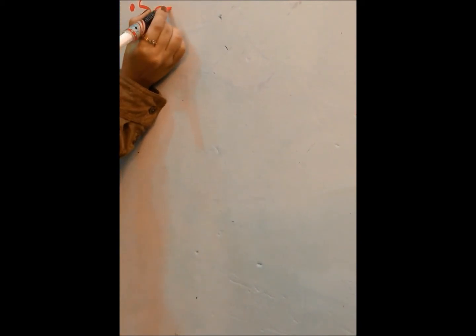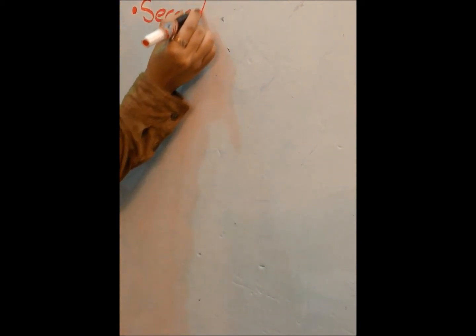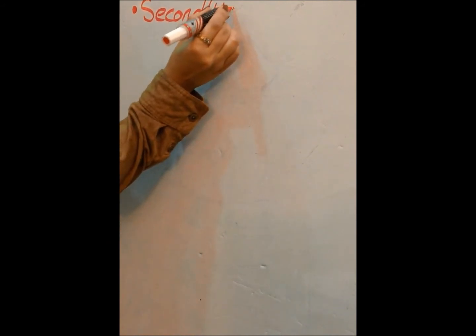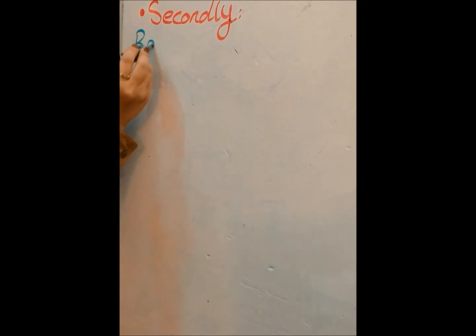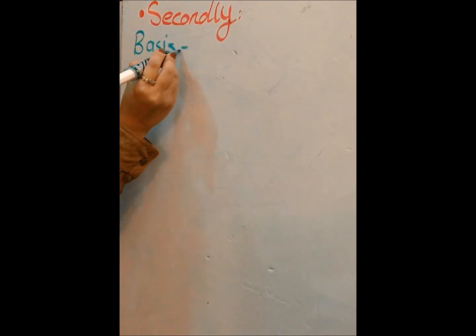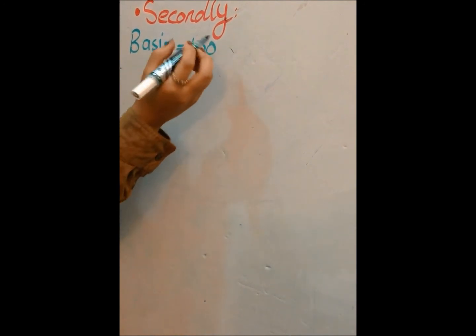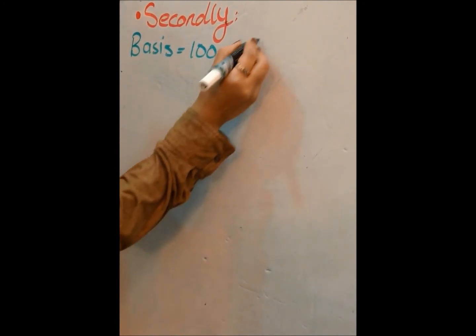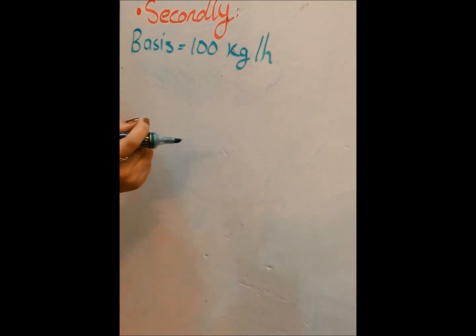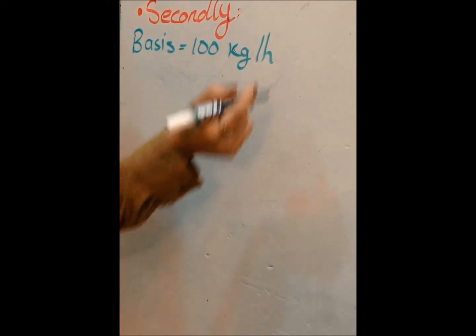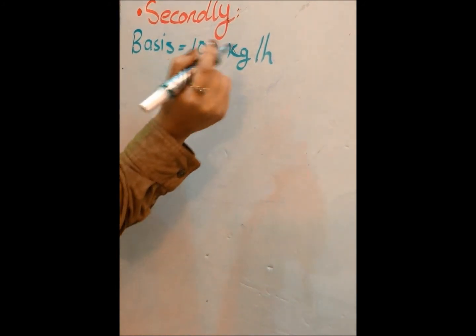Secondly, after we draw a table of degrees of freedom for that process, we assume a basis of 100 kilogram. So our basis will equal 100 kilogram per hour. According to that, this basis will reduce the degree of freedom for the overall process to 0.